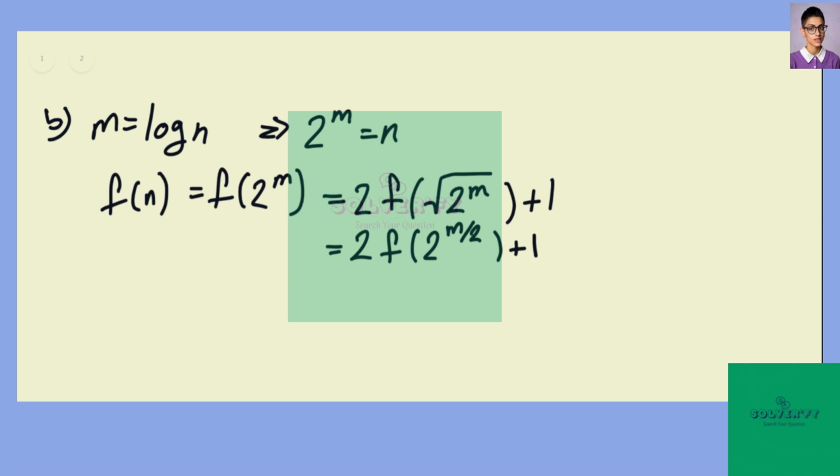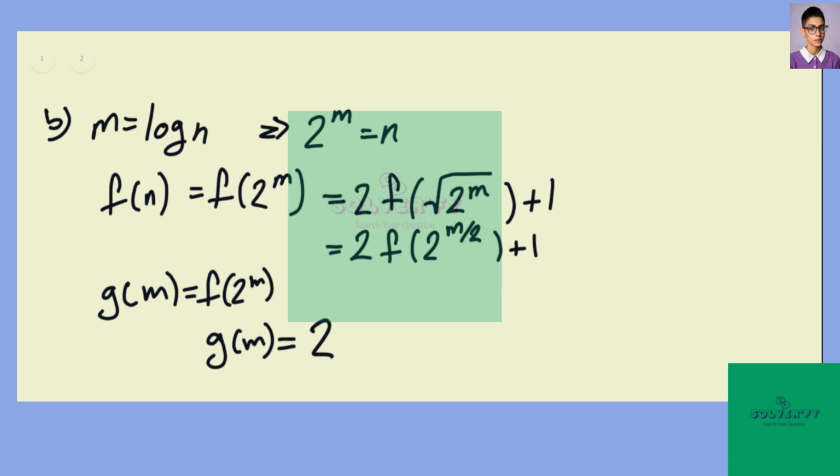And now, for a little bit of clarity, we'll rewrite this function as g(m) being equal to f(2^m). And so what that means is g(m) is going to equal 2 times g(m/2) plus 1. Well, now it probably looks a little bit more familiar.